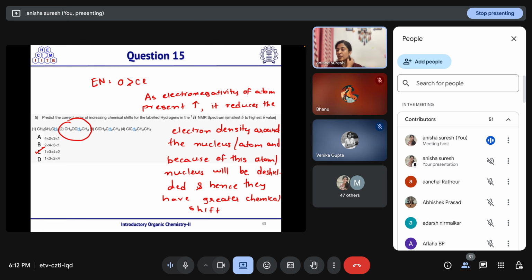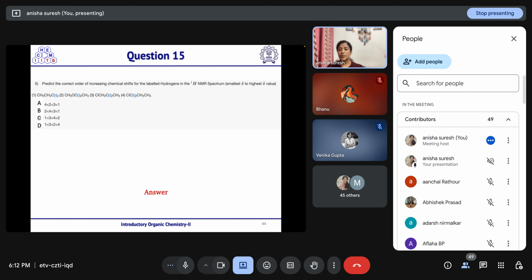And in the case of 1, there is no electronegative atom present, so it will have the lowest chemical shift. Is it clear? Okay. So the right answer is option C, that is 1 less than 3 less than 4 less than 2.